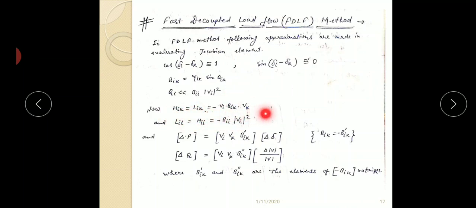So Hik equals Lik, and the value is this. Lii equals Hii, the value is this. So from this delta P and delta Q, the value is this, and here Bik equals minus Bik', where Bik' and Bik'' are the elements of the minus B matrices. Okay, so it's all about FDLF method, fast decoupled load flow method.